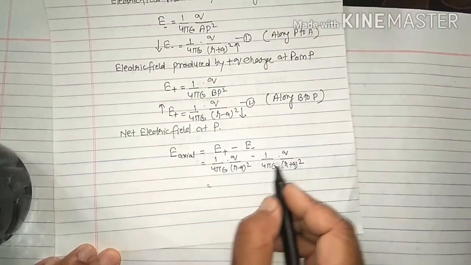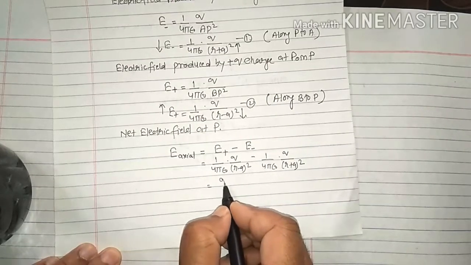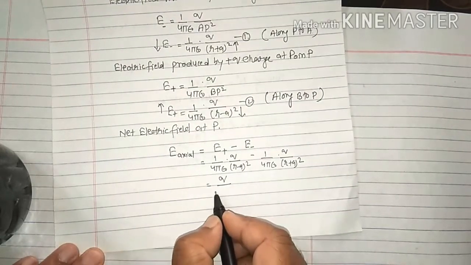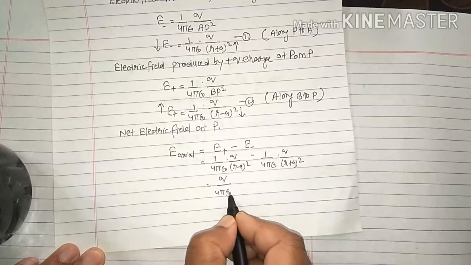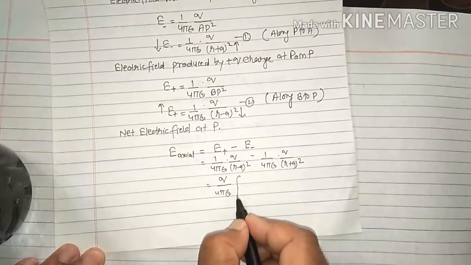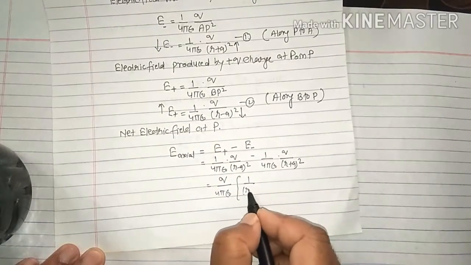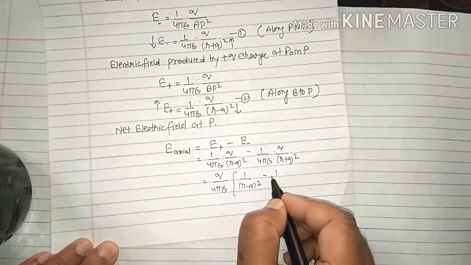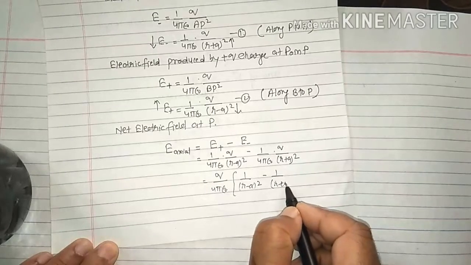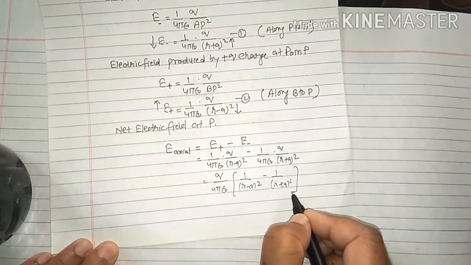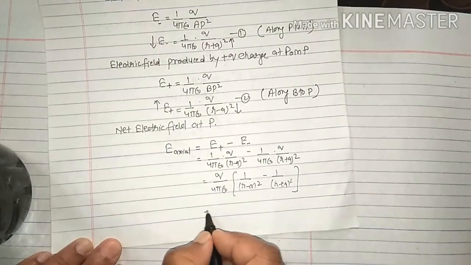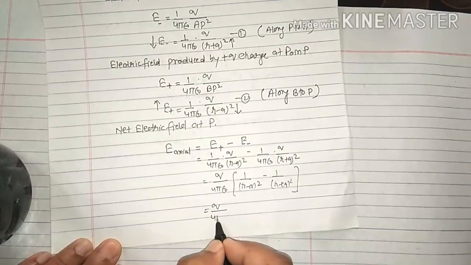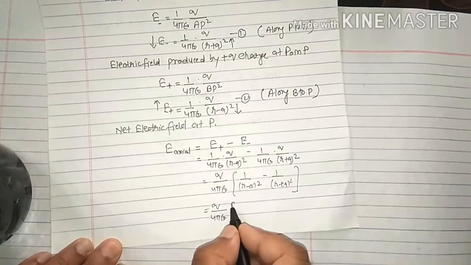So in these two terms we can take q upon 4 pi epsilon naught common. So in brackets, 1 upon (R minus A) whole square minus 1 upon (R plus A) whole square, times q upon 4 pi epsilon naught.